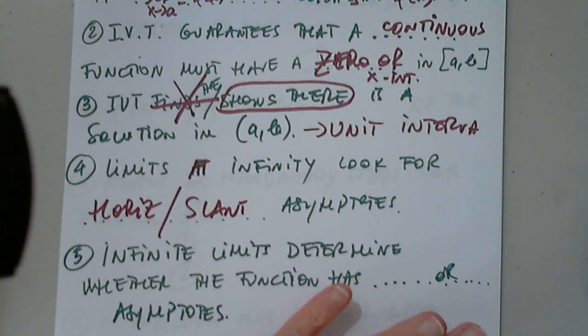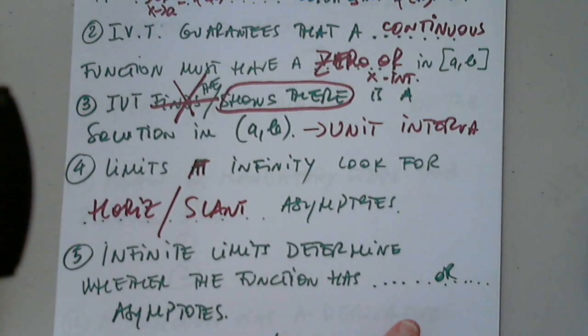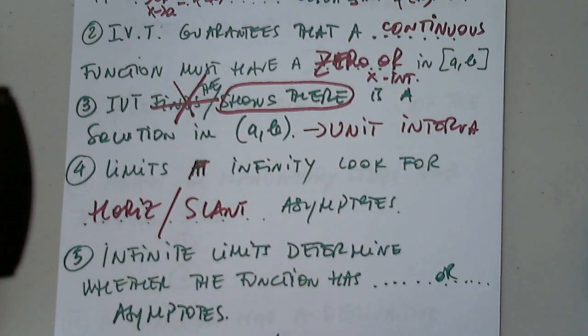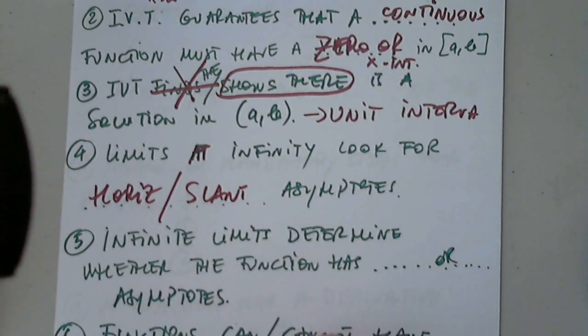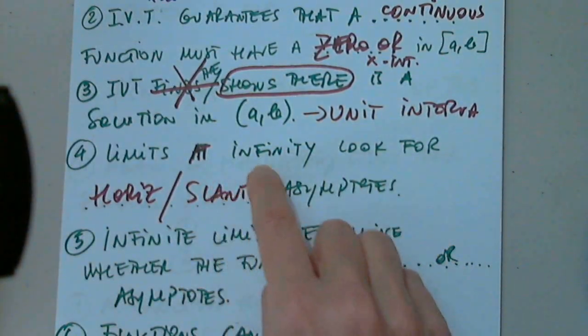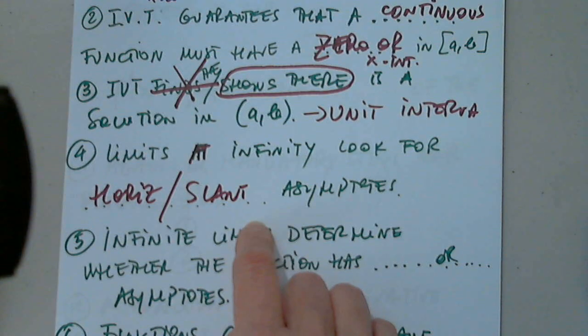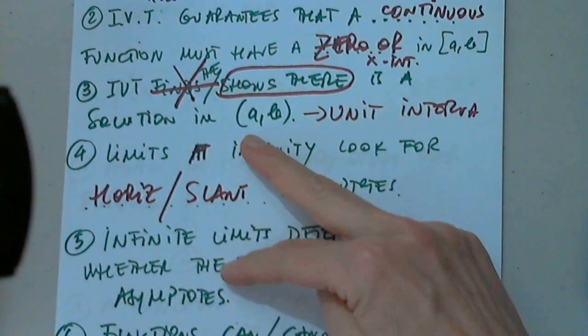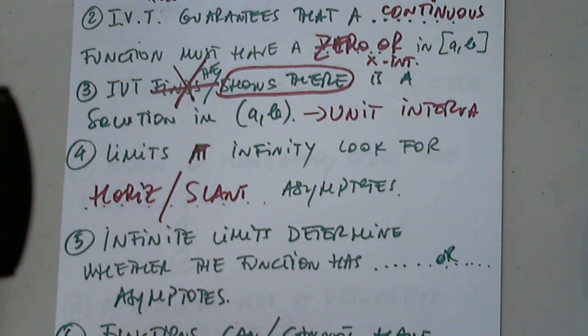Infinite limits determine whether the function has horizontal or vertical asymptotes. Careful, it cannot be the same. Limits at infinity means when x approaches infinity or negative infinity. Horizontal and slant cannot be the same. Infinite limits are vertical? Yes, only vertical. Awesome.